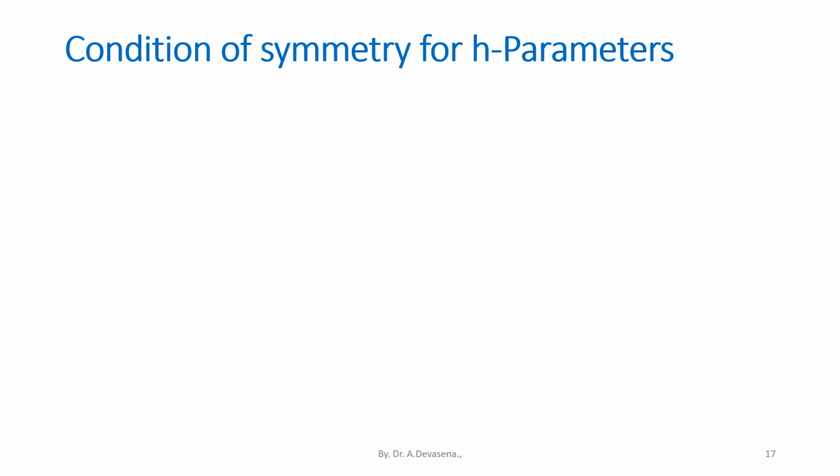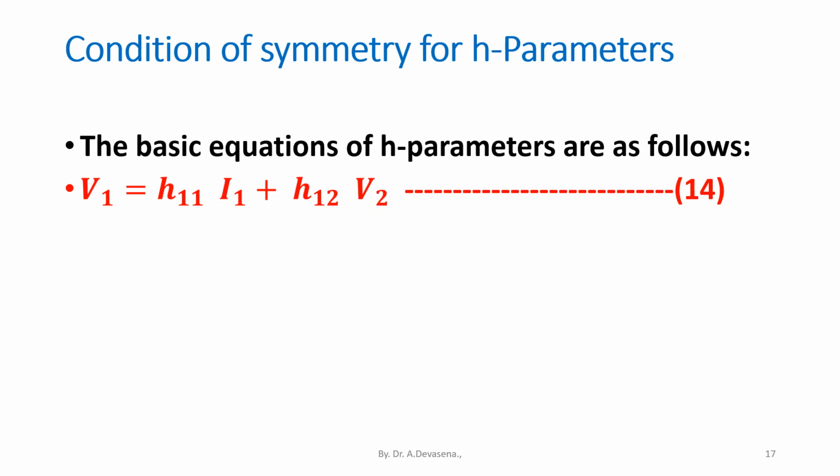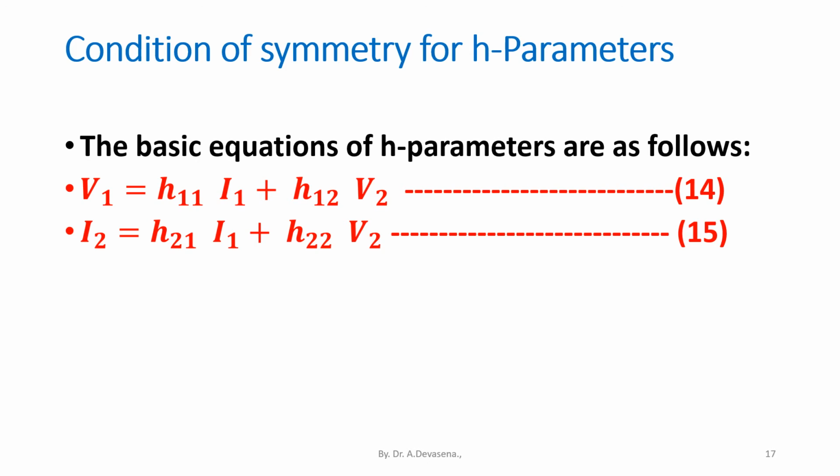Let us start discussing the condition of symmetry for h parameters. The basic equations of h parameters are as follows. V1 is equal to h11 I1 plus h12 V2. Consider this as equation 14. And I2 is equal to h21 I1 plus h22 V2.